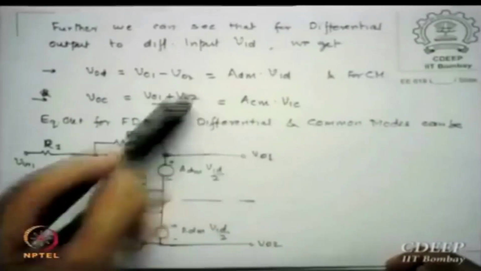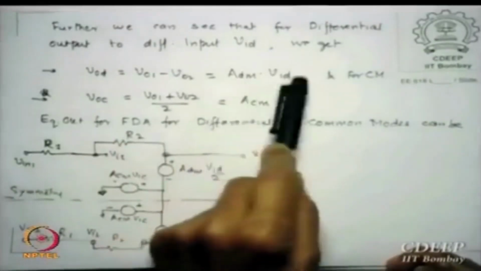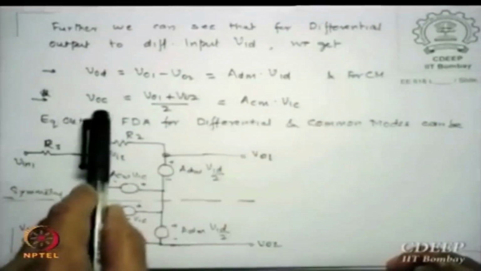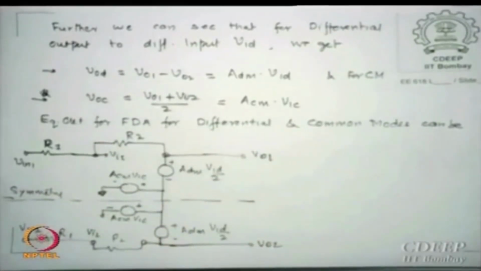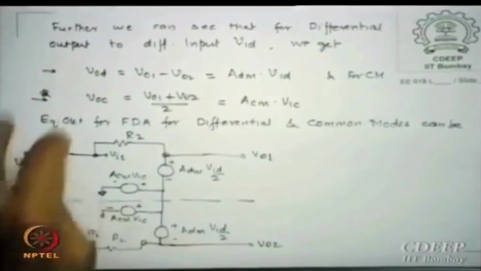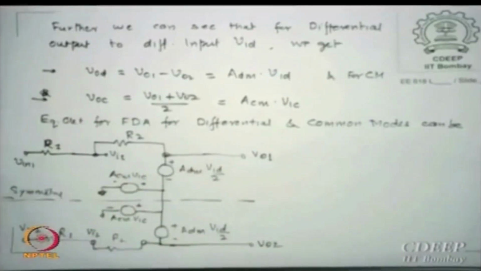For example, before we go ahead, VOD is VO1 minus VO2, which is ADM times VID, and for common mode VOC is (VO1 plus VO2) by 2, which is ACM times VIC. So we can evaluate both VODs and VOCs, and what is important for us in this particular case is that this common mode voltage should be fixed, and let us see why I am so much worried about fixing the common mode voltage.